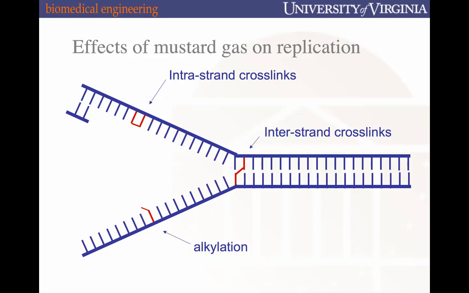In addition to that, with the interstrand crosslink, where it goes across these two DNA strands here, that's going to create what we call a double-stranded break, which is really problematic, and we're going to describe later on why that is.